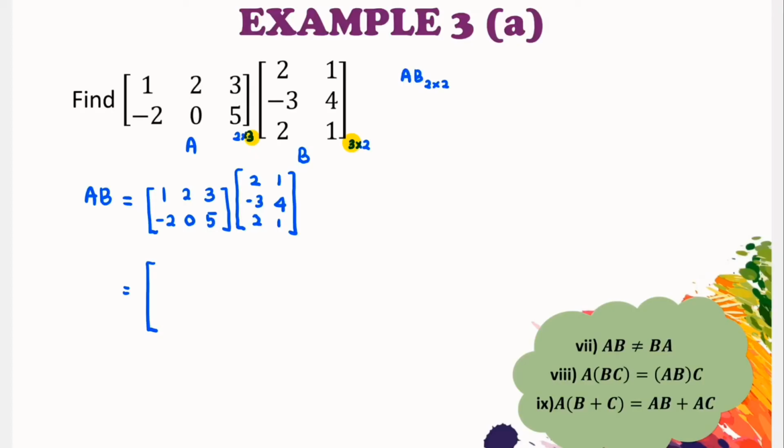The element y1 comes from the first row multiplied by the first column of matrix B. So what are we going to do? 1 times 2 plus 2 times 3 plus 3 times 2. Let me write.